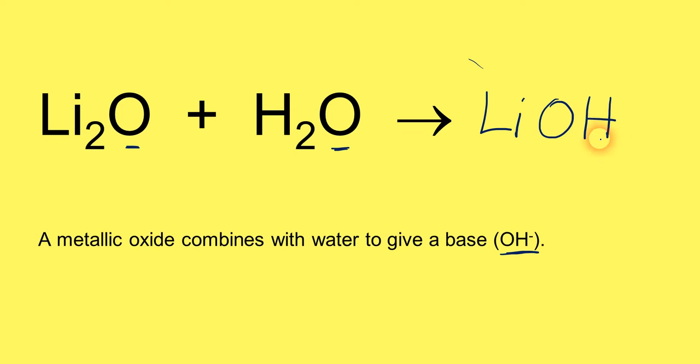And so it's lithium hydroxide. And once again, we have to look at the charges. Right here it says that hydroxide has a negative 1 charge, or you might remember that from the ions that you learned earlier in the year. And lithium is a positive 1 since it's an alkali metal. And so we don't have to swap those, so it's lithium hydroxide, LiOH.